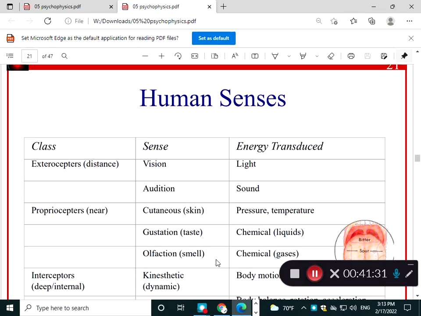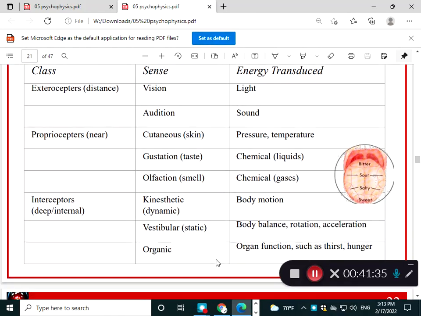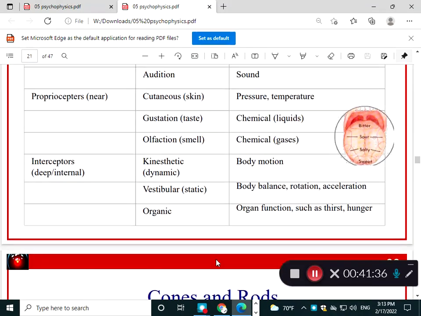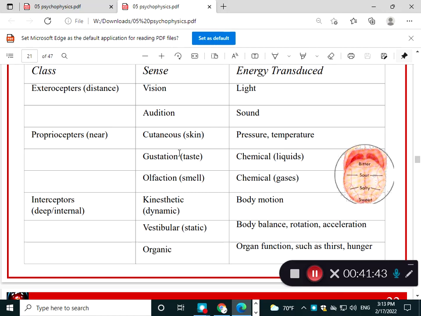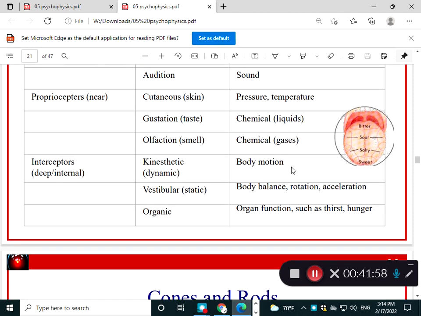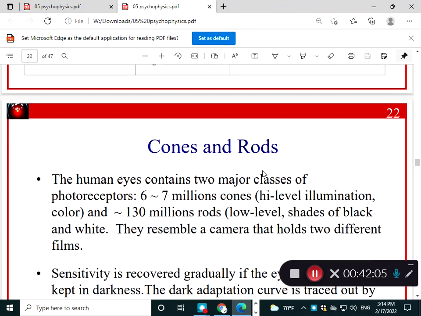Okay? Now, something for fun. People use terms to evaluate all kinds of physics and sensations: vision, audition, cutaneous, and what they call proprioception, including pressure, temperature, vibrations, and body motions.